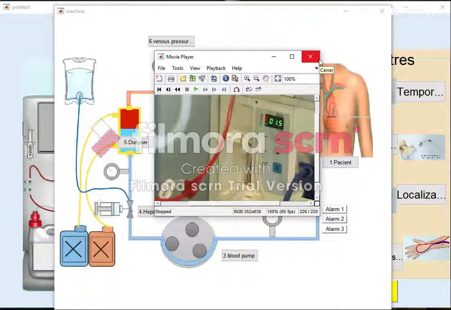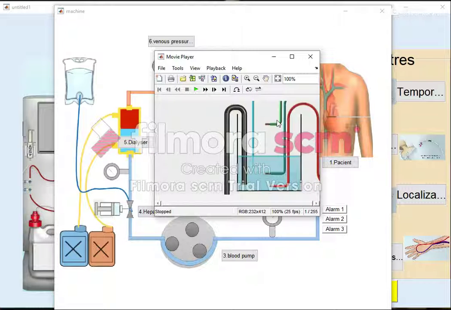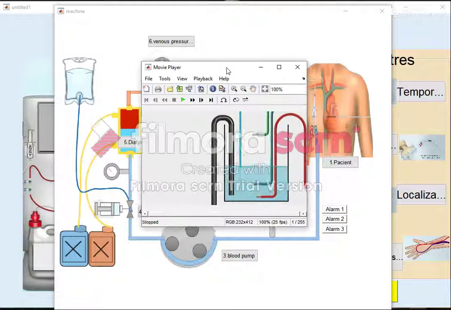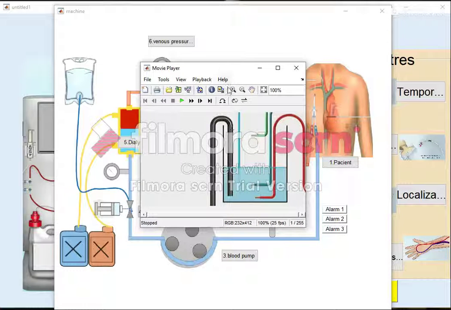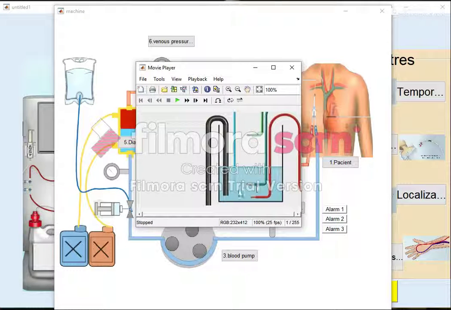The second is a blood leakage. The idea is not to generate any leakage because in many cases it is mortal to the patient. And the last one is the water supply. It's very important to the system of the hemodialysis machine because a correct water supply is identified in this block of our diagram.